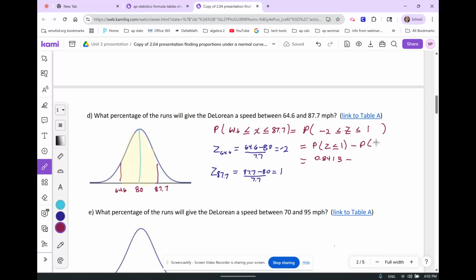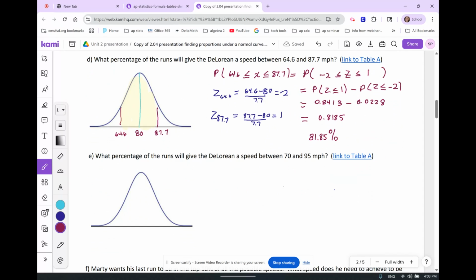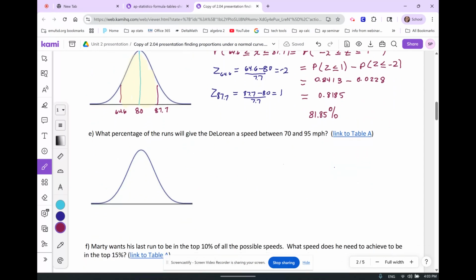So what you do is you subtract out the area to the smaller value, and that's going to be 0.0228, and that's equal to 0.8185. And as a percentage, it would be 81.85%. It will be easier when we use technology, but there's a certain concept I need to get across, which is why I'm showing you by hand on the first day.